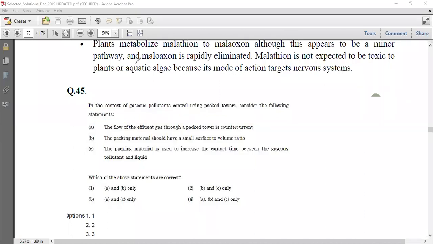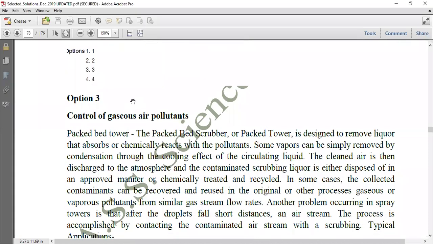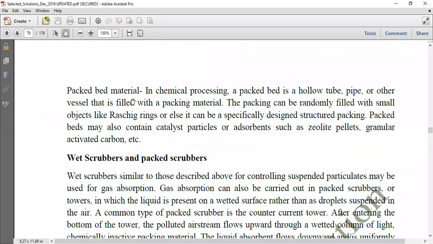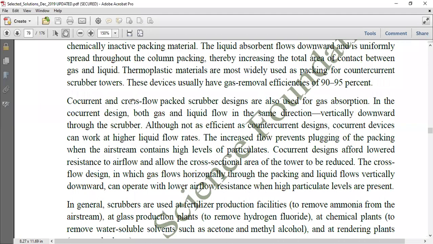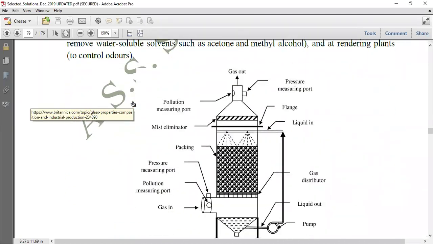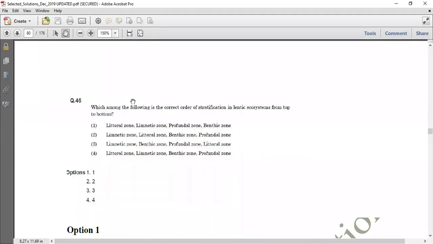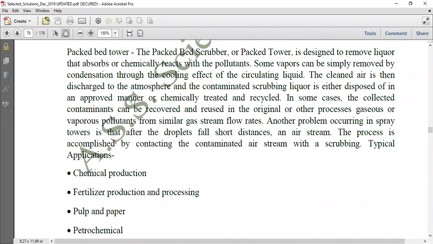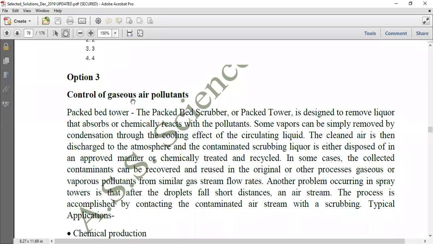Then we can go back to this. So these are control of gaseous pollutants, wet scrubber and packed scrubber. So basically these are packed tower or packed scrubber, you can see. So control of gaseous air.